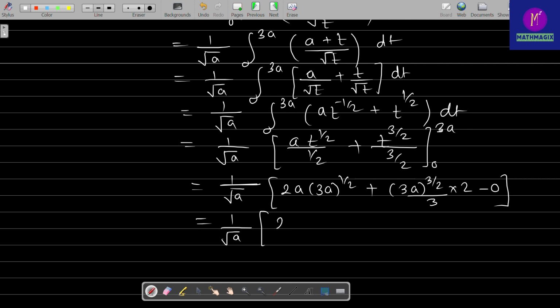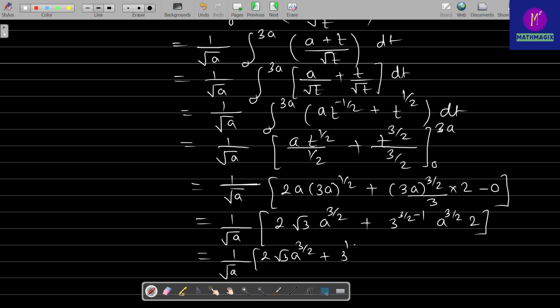This is 2 into root 3, this is a into a raised to half, that is nothing but a raised to 3 by 2, plus this is 3 raised to 3 by 2 upon 3, which is nothing but 3 raised to half, a raised to 3 by 2 into 2. So this is 1 upon root a, 2 root 3 a raised to 3 by 2 plus 3 raised to half a raised to 3 by 2 into 2.